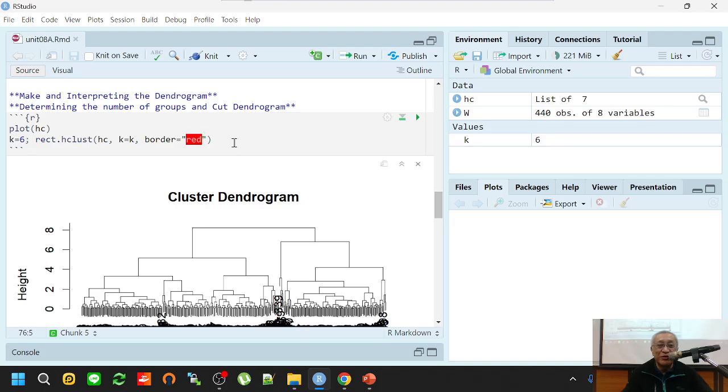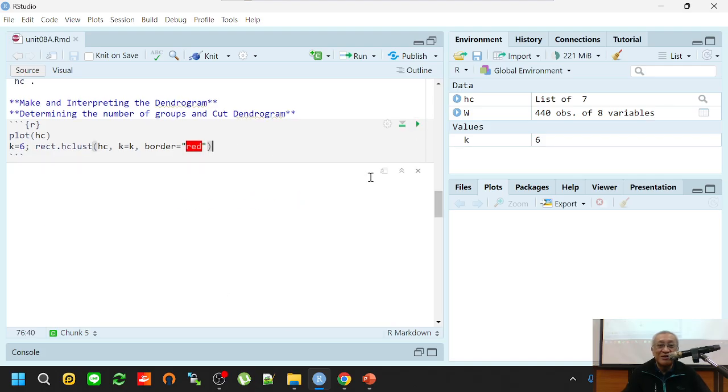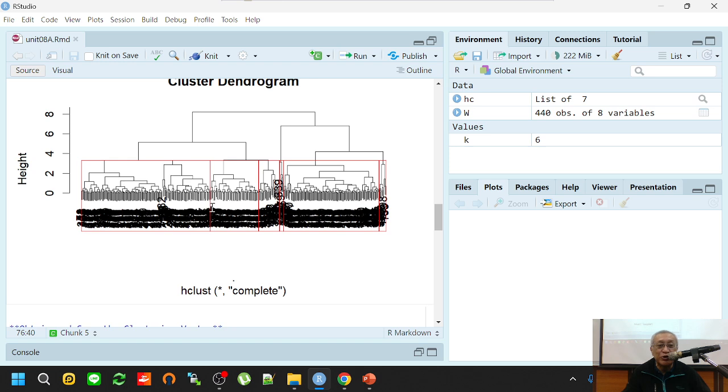For example, if I want to divide them into 6 groups, I can cut the dendrogram here, and I will have 1 group, 2, 3, 4, 5, 6.